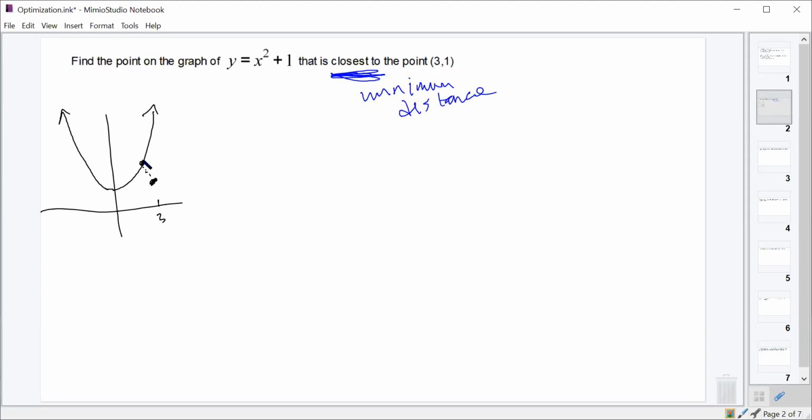That formula is called the distance formula. You should know the distance formula. The distance formula is the square root of (x2 minus x1) squared plus (y2 minus y1) squared. Everybody good with the distance formula?